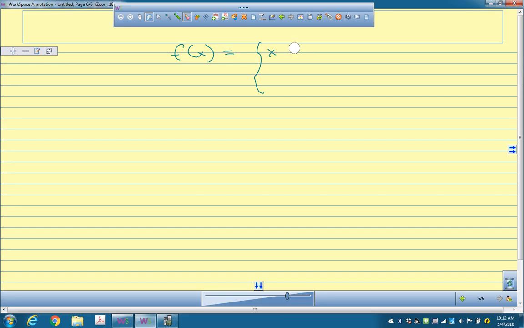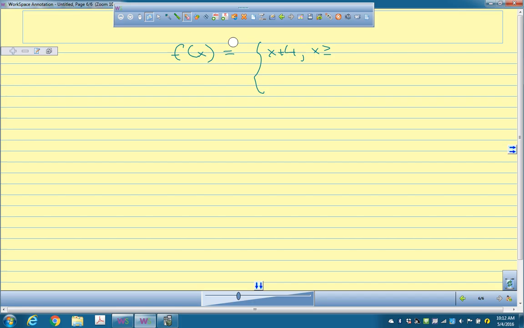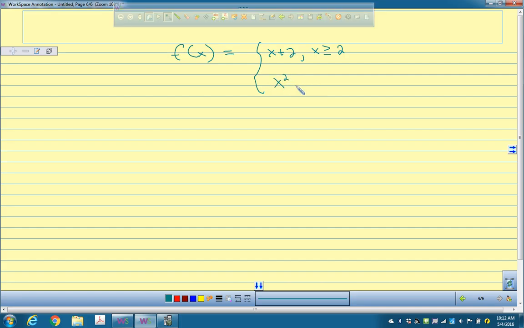Okay? x plus 2 if x is greater than or equal to 2, okay? And then x squared if x is less than 2.